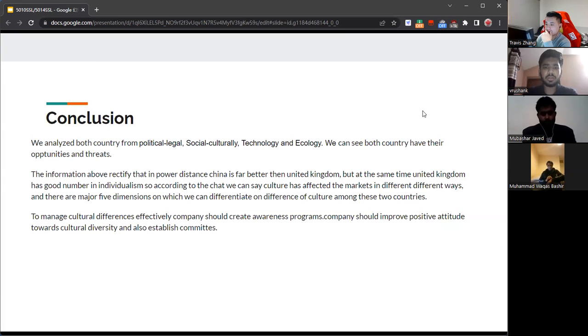So according to the chart, we can say culture has affected the markets in different ways, and there are five major dimensions on which we can differentiate the cultures of these two countries. To manage cultural differences effectively, companies should create awareness programs, improve positive attitudes towards cultural diversity, and also establish committees.